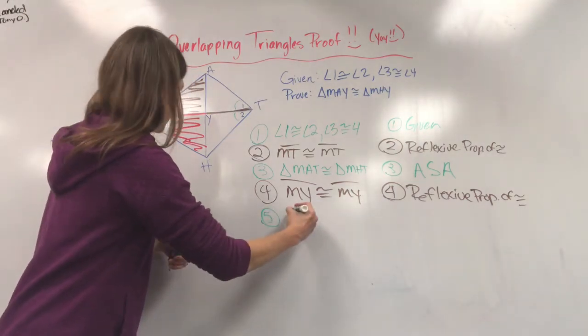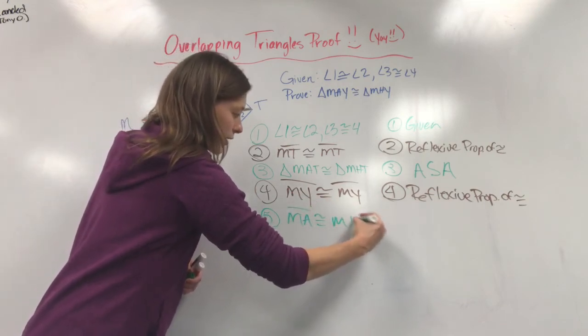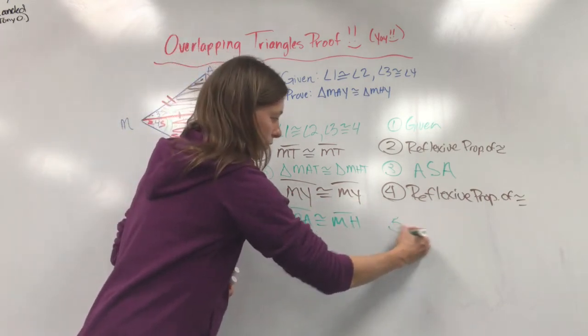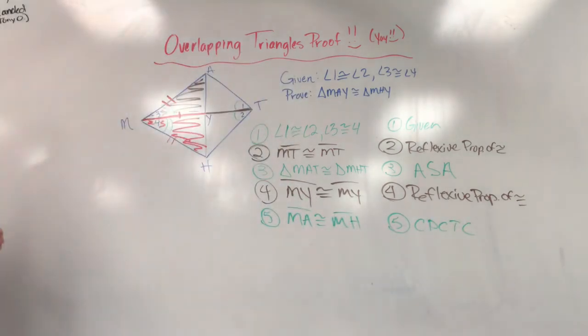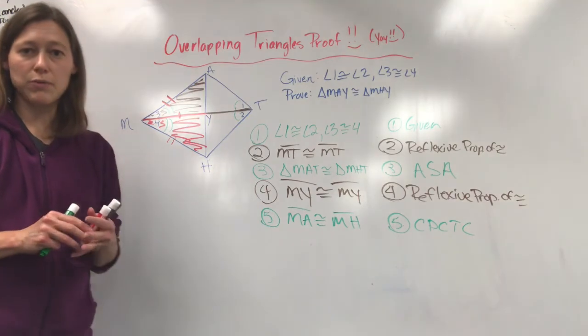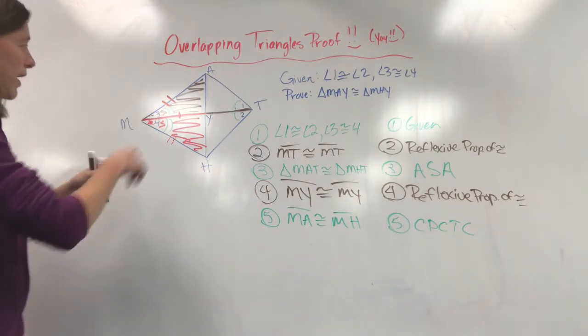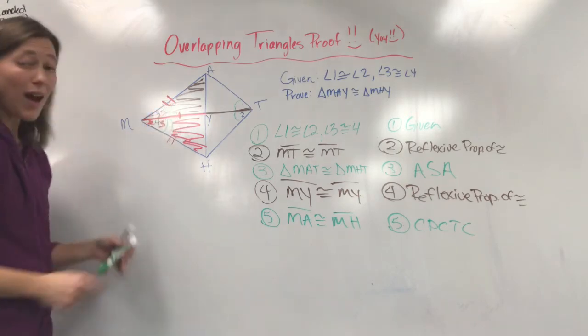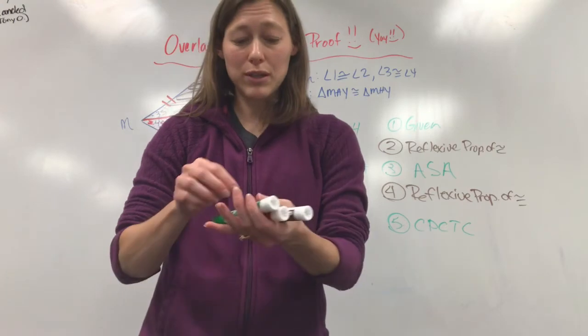So I'm going to say that MA is congruent to MH because of CPCTC, corresponding parts of congruent triangles are congruent. And now we have a side, an angle, and a side. So now we can prove the triangles congruent that we were trying to prove in the beginning.